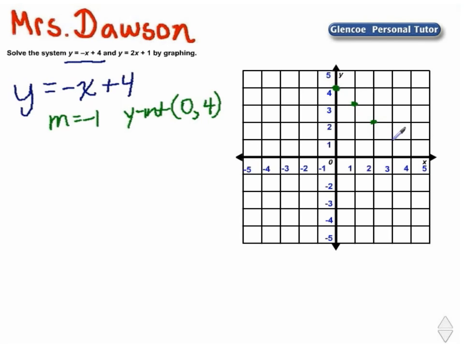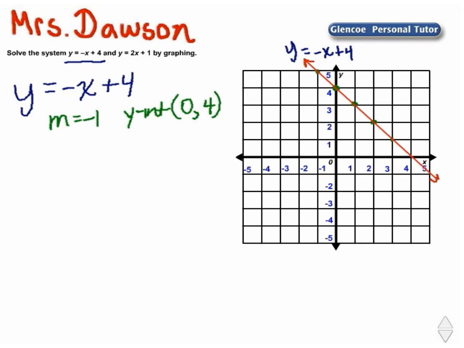Continue on. Or we could move up 1, left 1. And then connect these points with a line. Arrows on the end, and label this line. This one was y equals negative 1 times x plus 4.